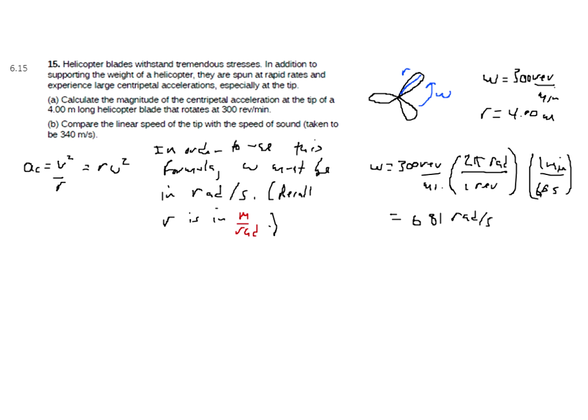And again, we have another sort of 2-to-1 ratio. If we double the revolutions per minute, a little bit more than double it, we get radians per second.